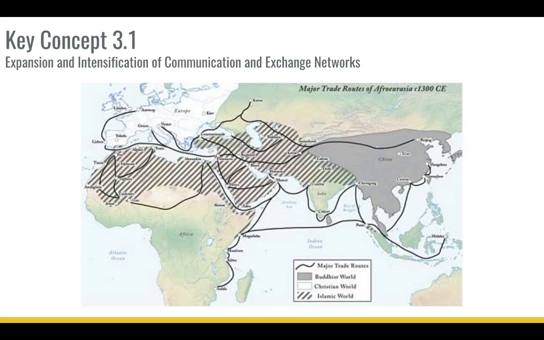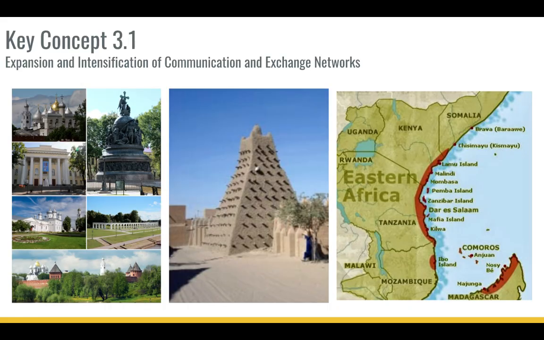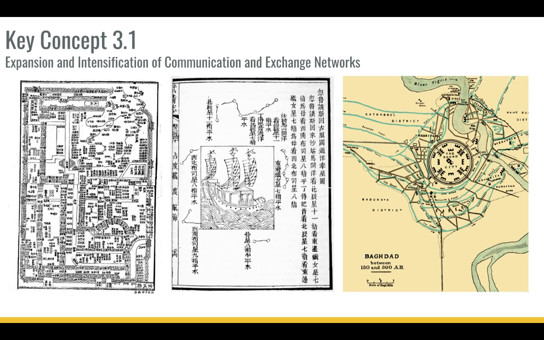But along the way, we will see that these existing trade routes, as they flourish, will promote the growth of powerful new trading cities. Some examples of these include Novgorod in Russia, Timbuktu in Mali, and several Swahili city-states along the east coast of Africa. In China, you'll see the city Hangzhou. In South Asia, the city there in the middle, Calicut, and on the right, the round city, Baghdad of the Middle East.